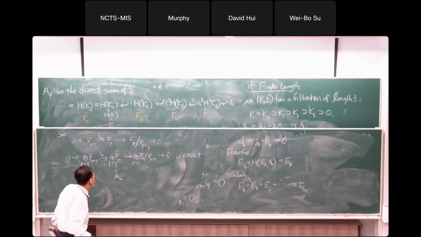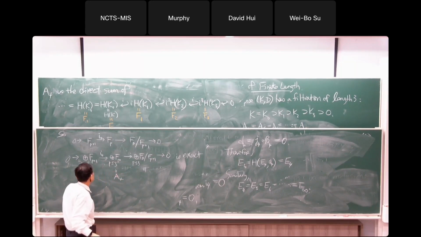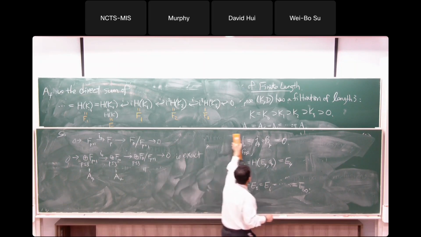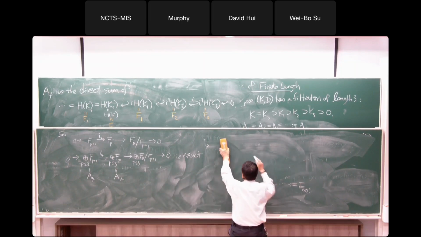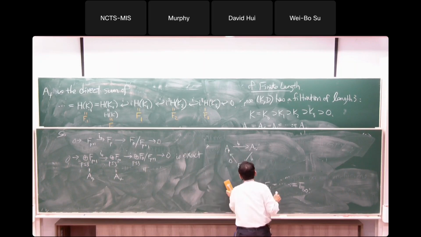And so, right, in the exact couple, you have A4, A4, J4, E4, but this map is 0.